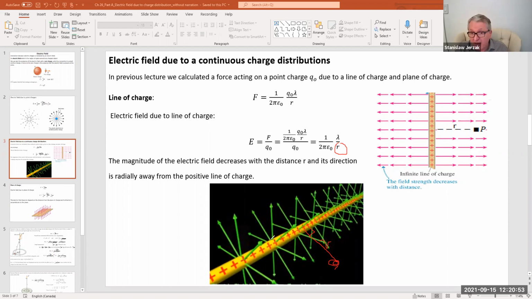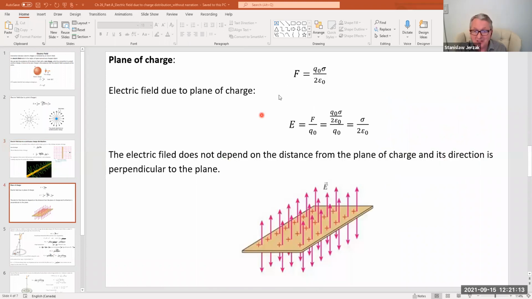But when you use the plane, in previous slides we spent a lot of time, and like you said, we divided the plane into many lines of charge. And we did a lot of calculations, and we derived, finally, after all this calculation, which I don't want to repeat, that the electric force due to an infinite number of these parallel lines is independent of the distance.